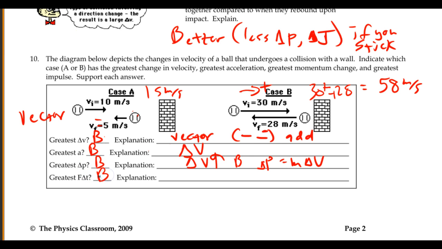So if B has the greatest change of momentum, it must also have the largest impulse. So B has greatest delta P. Delta P is equal to the impulse, therefore B must have the greatest impulse applied.